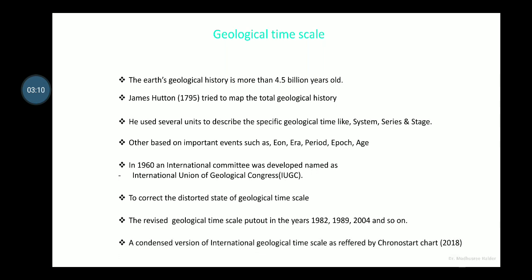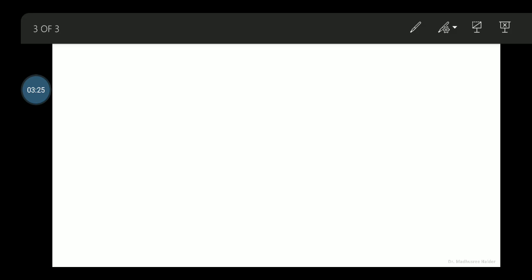Here we discuss a condensed version of the International Geological Time Scale as referred by the chronostratigraphic chart of 2018. So let's start the geological time scale, or GTS.